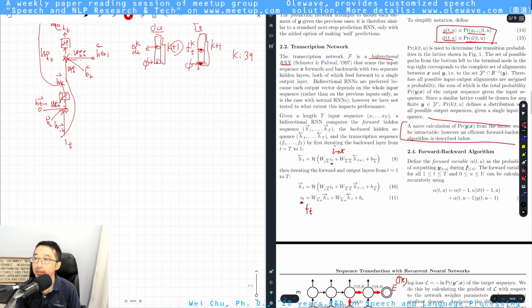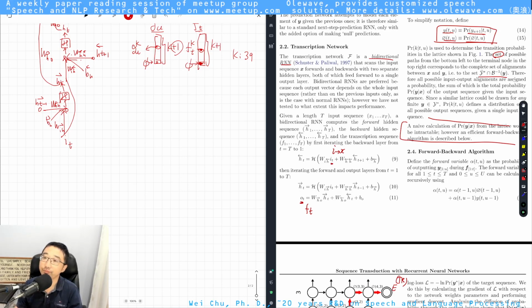Okay, what does he mean over here? First of all, he comes up with a set. Set means all the possible paths or all the possible alignments are represented by this. So this is all the possible sequences, and this is the joint operation, and the B inverse of y means the expansion operation of the original output sequence.